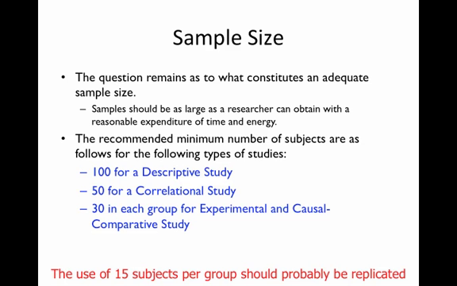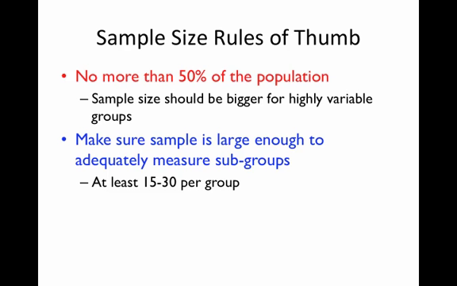So what constitutes a good sample size? For most studies, a good rule of thumb is that about 15 people per group is what is easily replicated. So that means if you have a study that has 3 different groups, you should plan on at least 45 individuals. Trying to get about 20 people per group would be ideal. When it comes to sample size, what are some good rules of thumb? You shouldn't have to identify more than 50% of a population.